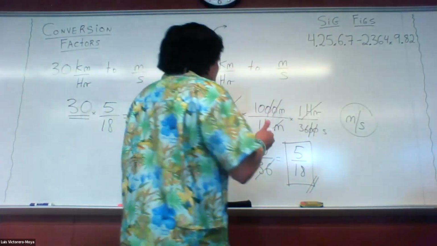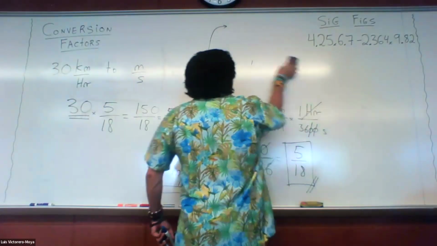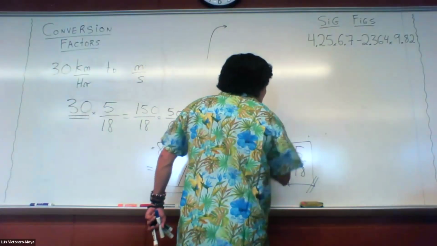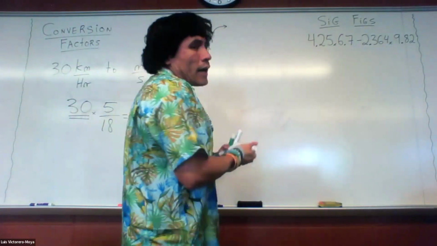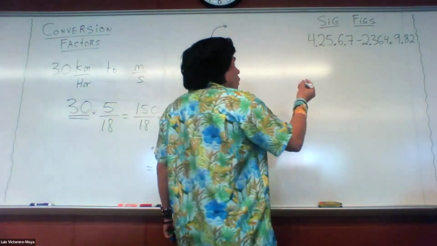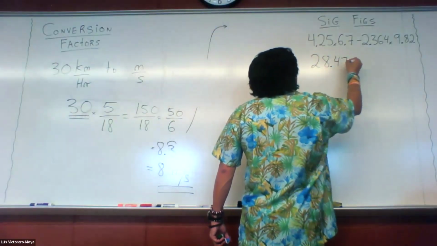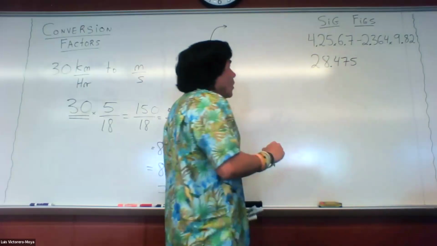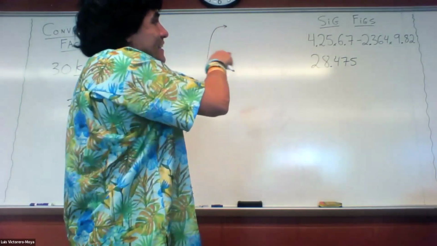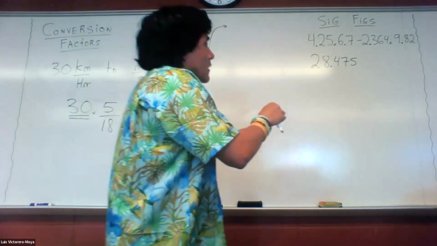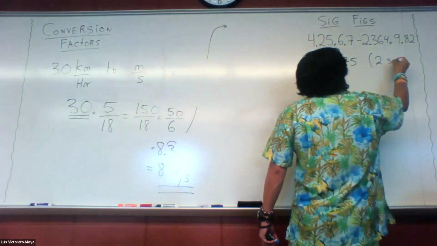I get 28.475. Now, because 6.7 has only two sig figs, the answer you have to put in here two sig figs.